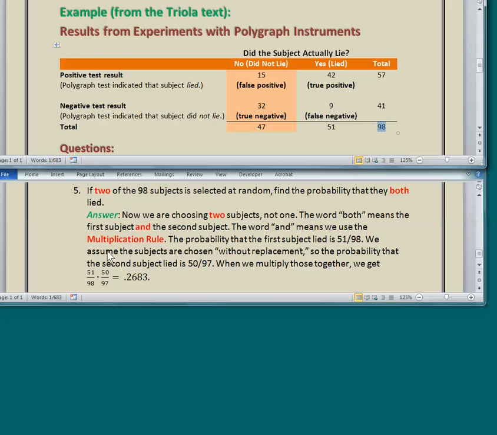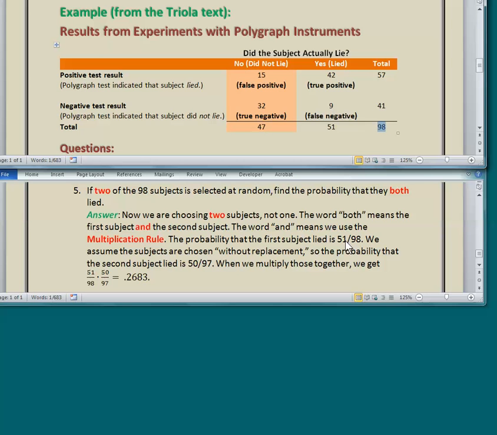But then we assume that the subjects are chosen without replacement. Here's this new phrase for you, without replacement. So what that means is once we chose the first person, we made them go stand outside when we went back to choose the second one. Well, that means that there's no longer 98 people that we're choosing from. There's only 97. And there's no longer 51 who lied.